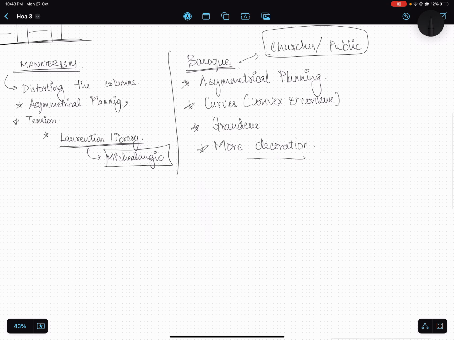And they also played a lot with light and shadow, which is called chiaroscuro.